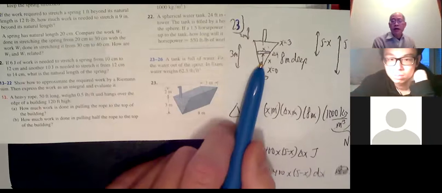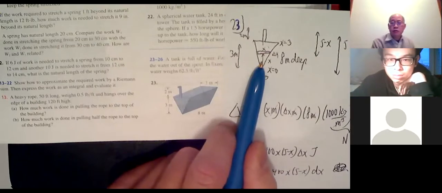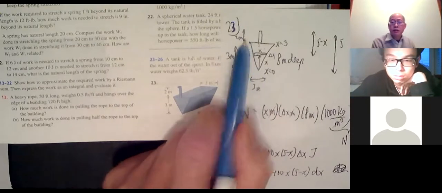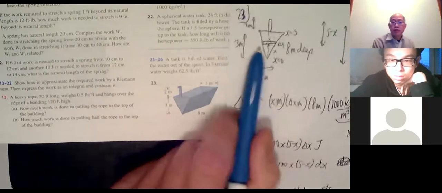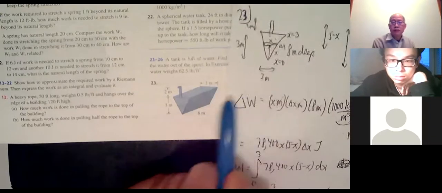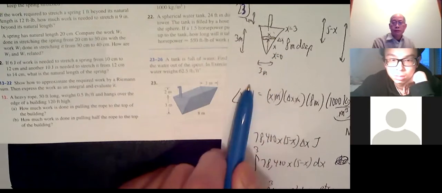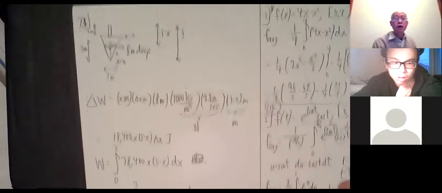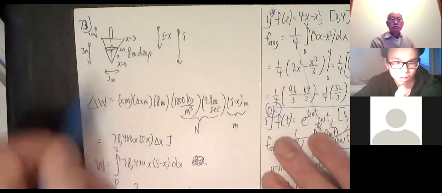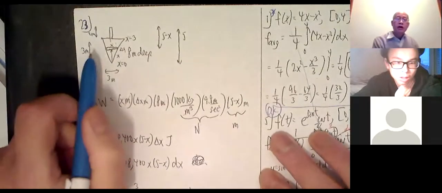Okay, so I'm going to analyze this picture. There's 2 meters here, 3 meters here, 3 meters across there, and I'm not drawing it, but it's 8 meters deep. Okay, so how can I figure this out?